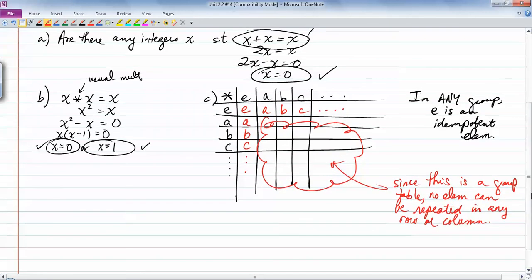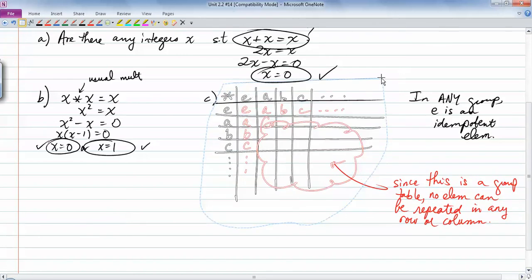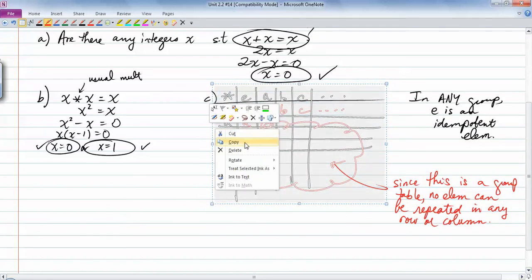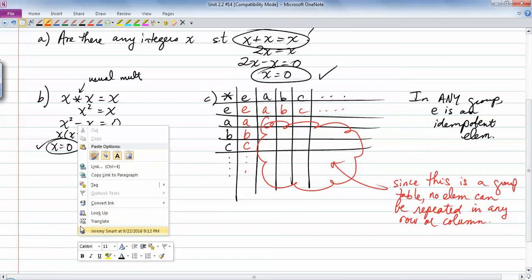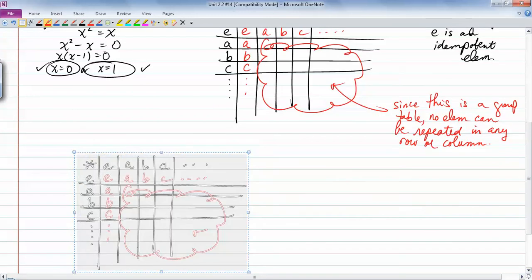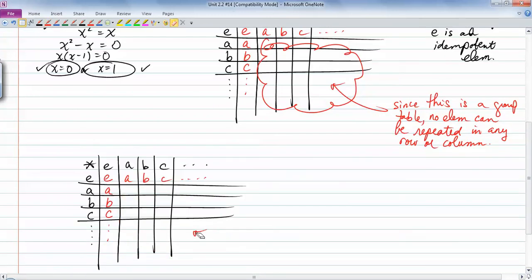So if you think about what that means, let me copy this, paste it right over here somewhere. Think about what that means.